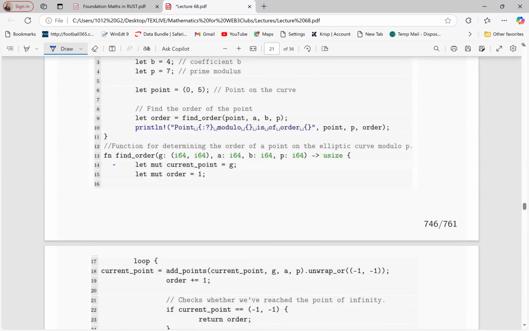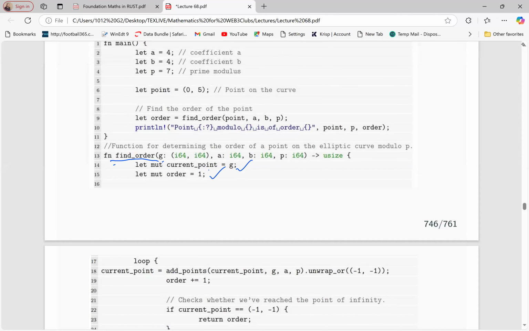To find the order of G, first of all, make the current point be G. Then let the order be 1. Initially, just let the order be 1. Then enter the loop and begin adding points to itself.